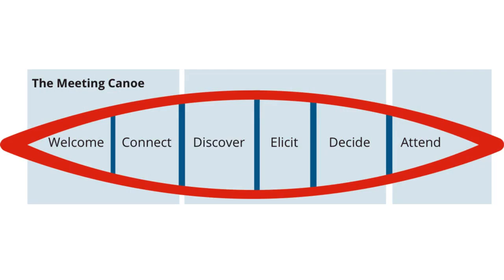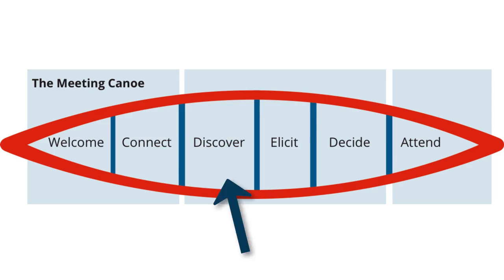The canoe has its own descriptions of the phases in a meeting. Emily and Dick really understand the importance of getting people engaged with each other before diving into the work. So the canoe model dedicates 2 full oars, welcome and connect, to becoming present. The next 3 seats break the do the work section into explicit discover, elicit, and decide steps.